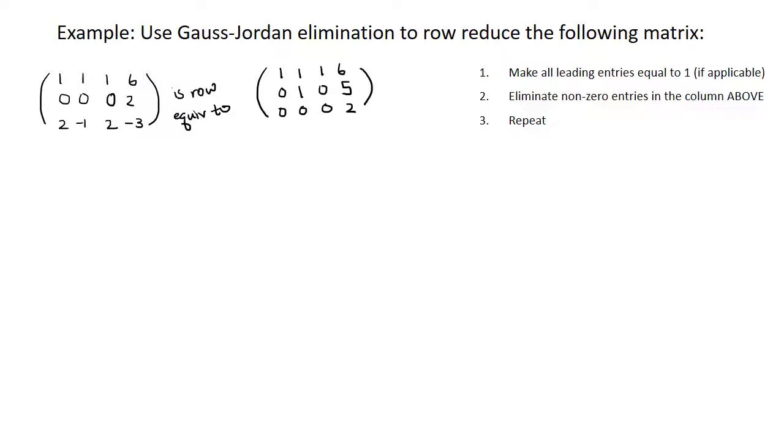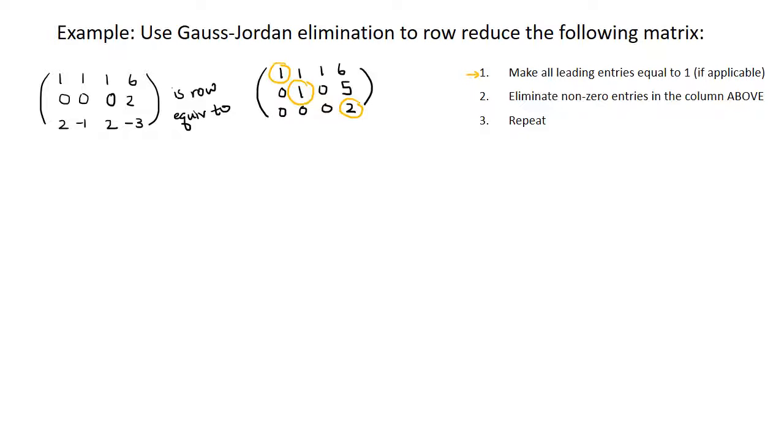What that means is that our leading entries are moving to the right, and we would like them all equal to 1, and in each column containing a leading entry, it's the only non-zero entry in that column. So our first step is always to make all leading entries equal to 1. So we're mostly done here.